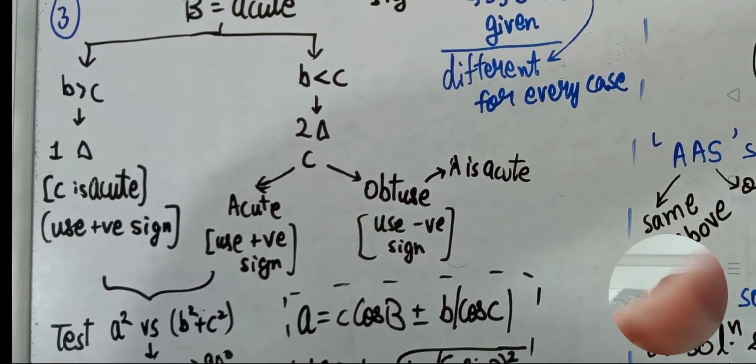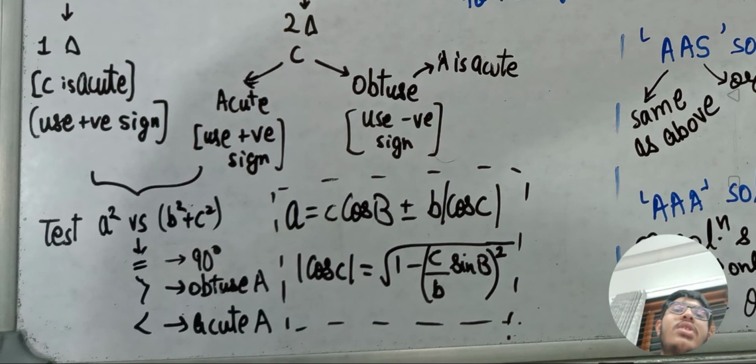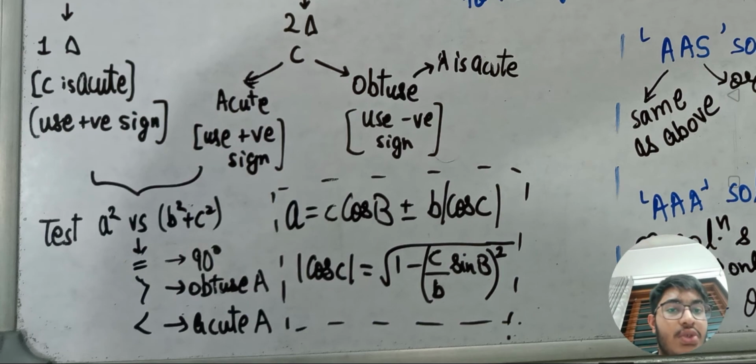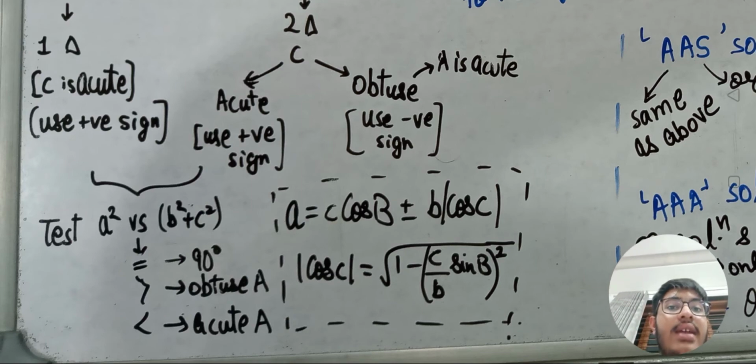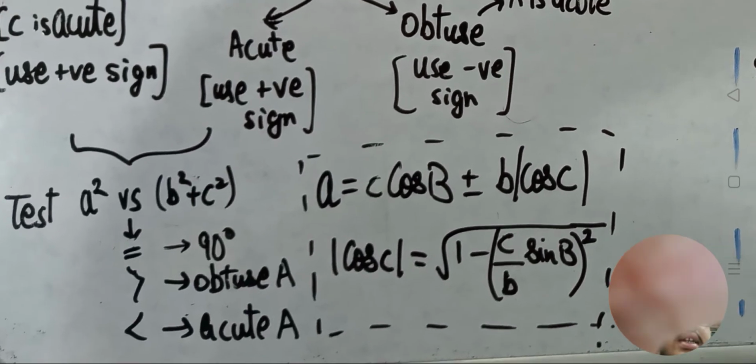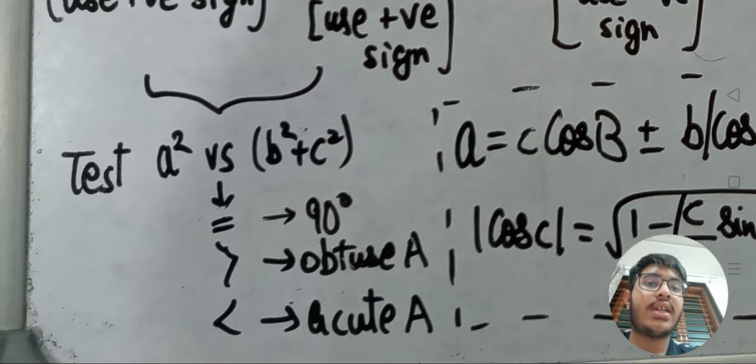In both the cases, if we are required to check if the triangle is obtuse, acute or right-angled, we also have to check angle A. To check whether angle A is obtuse, acute or right-angled, we can directly compare A square with B square plus C square.